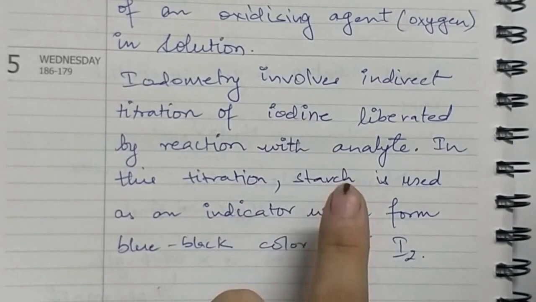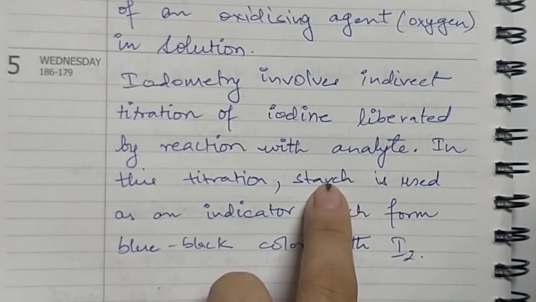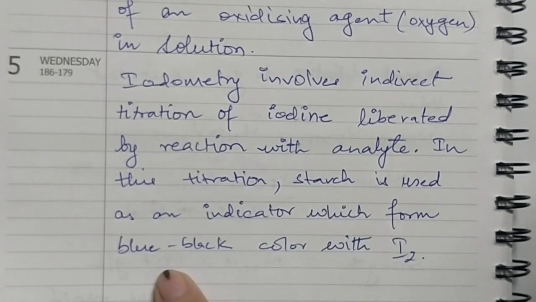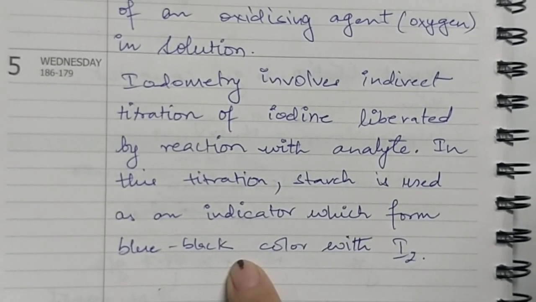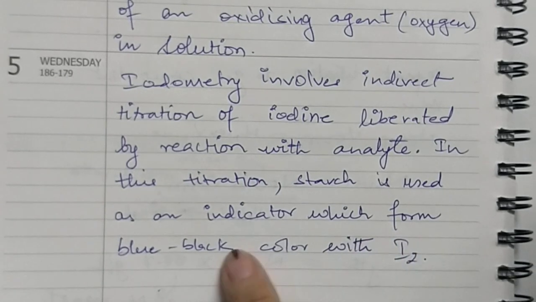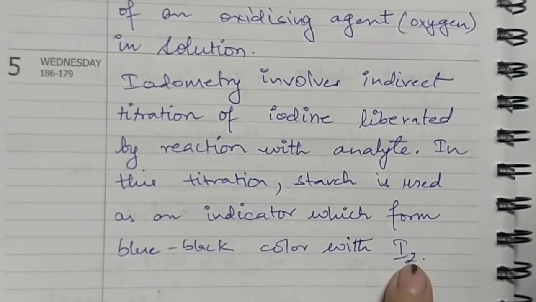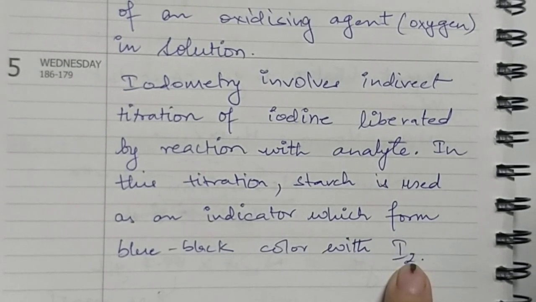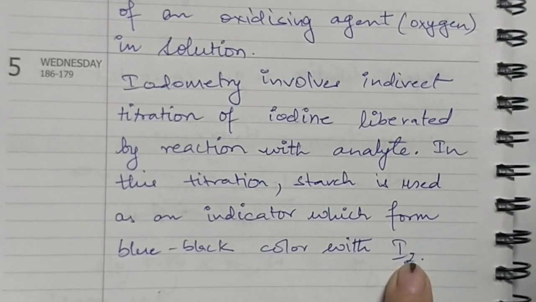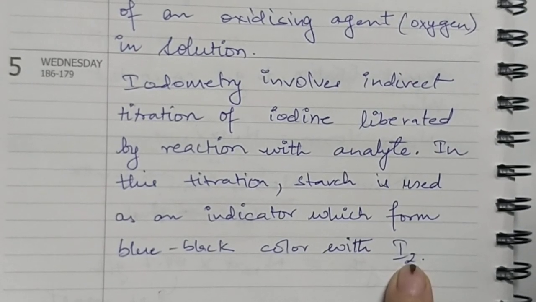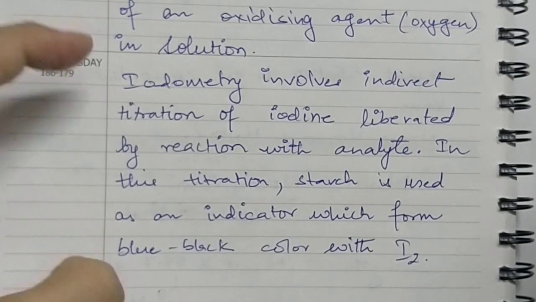The iodine which is liberated forms a complex with starch that is blue black in color, and when you titrate it against a reducing agent, this blue black color disappears because the iodine gets reduced to iodide. Okay class, this is the principle behind iodometry.